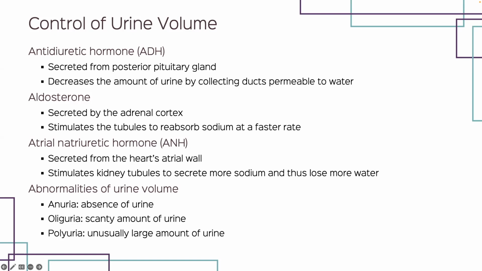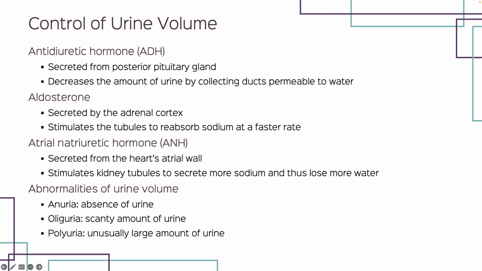Another hormone, your atrial natriuretic hormone, or ANH. This has got some really hard words in here this week. Those are secreted from the heart's atrial wall, and that's going to have the opposite effect of aldosterone.